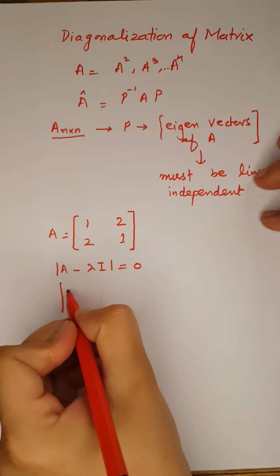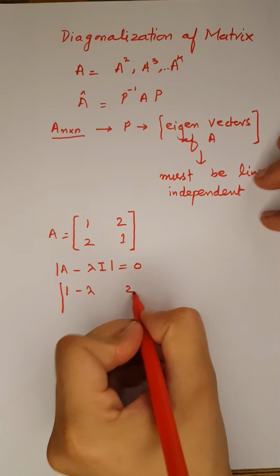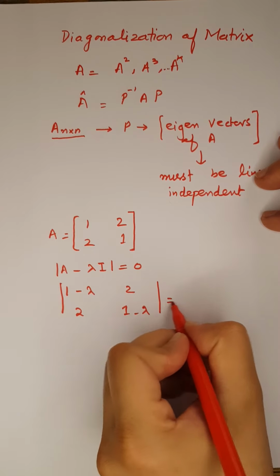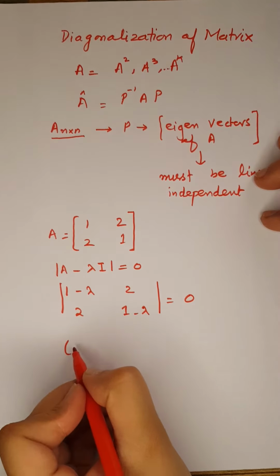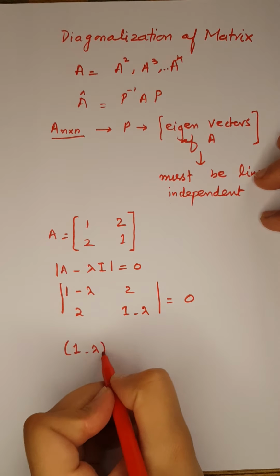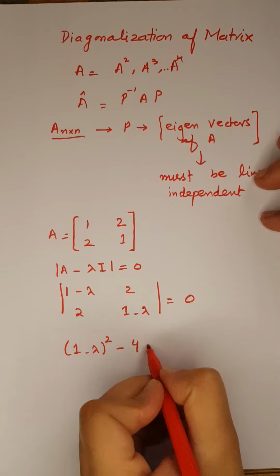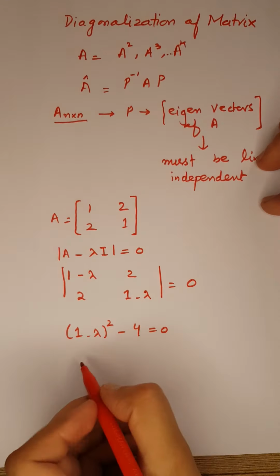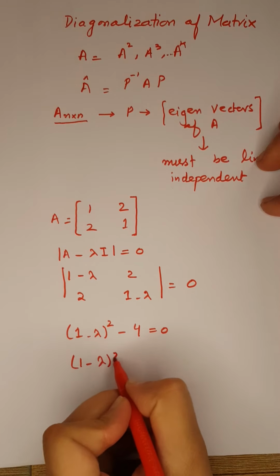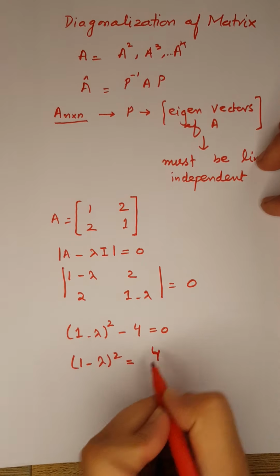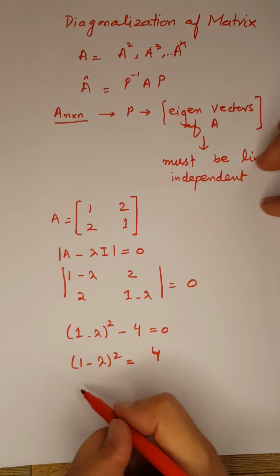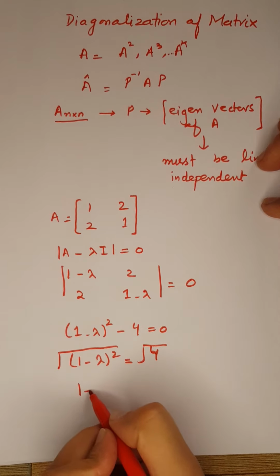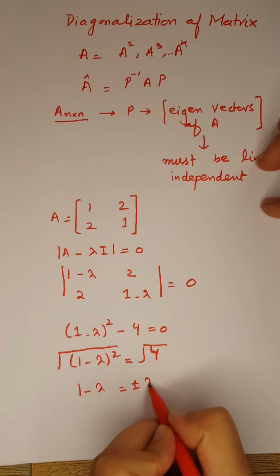So we have the determinant of the matrix with rows 1 minus lambda, 2 and 2, 1 minus lambda. When you determine its determinant, you can clearly see (1 minus lambda) whole square minus 4 is equal to 0. Taking square root on both sides simplifies this expression, so I will have 1 minus lambda is equal to plus minus 2.